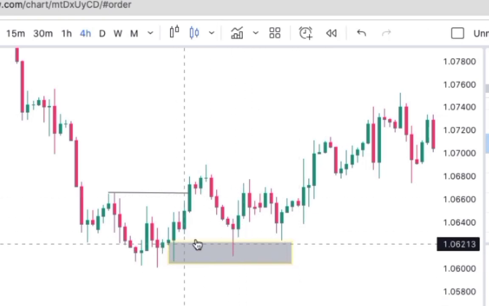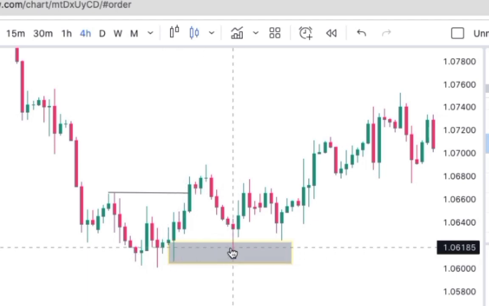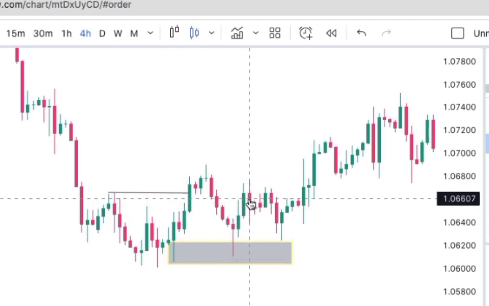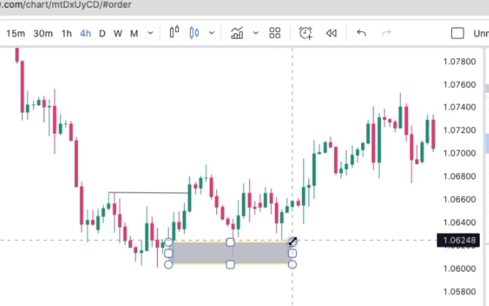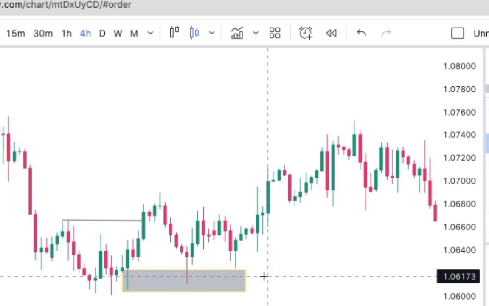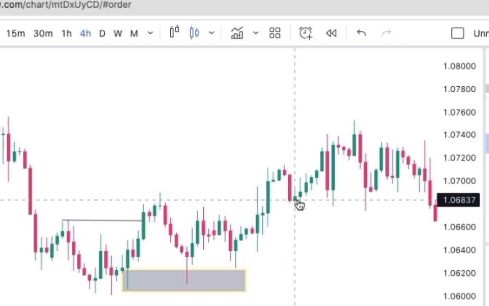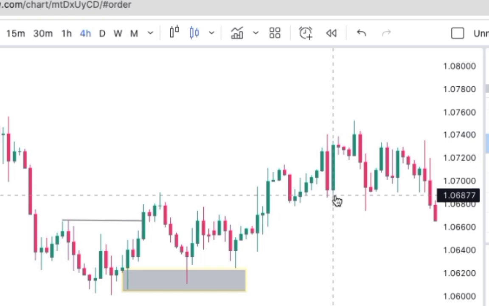The moment it pulled back here, it tapped on this demand zone, and then it started buying. So it bought, pulled back a little, tested that same zone, and then it started buying. Now it started doing higher high, higher low, higher high, higher low, higher high.